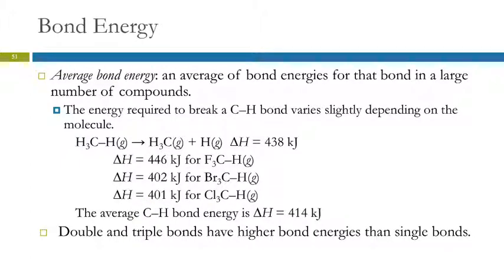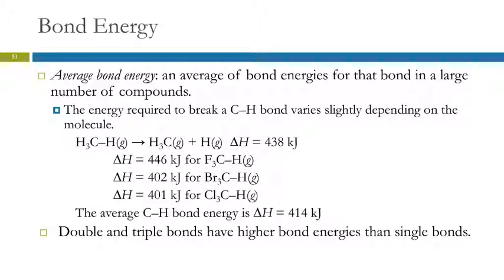So we don't need to know these numbers or the pattern even, but just to be aware that the strength of that carbon-hydrogen bond is going to vary a little bit in different compounds. So instead of worrying about the exact energy in any given particular compound, we typically look at an average.